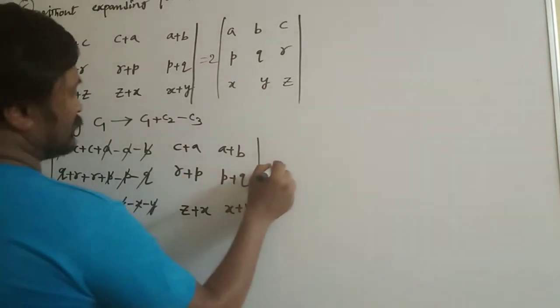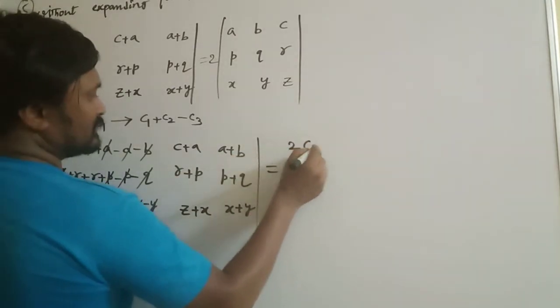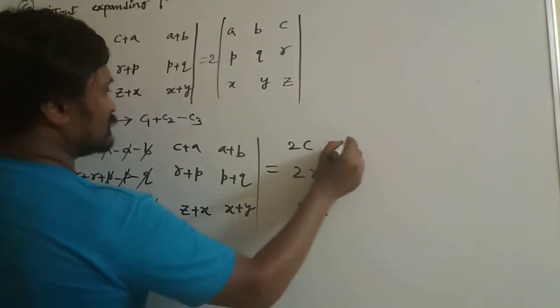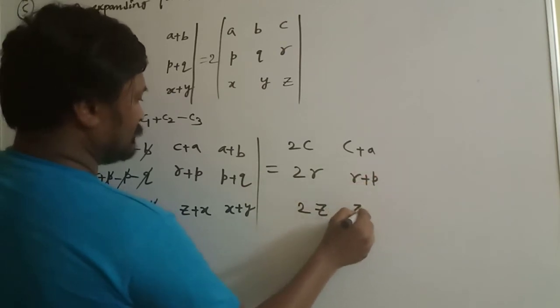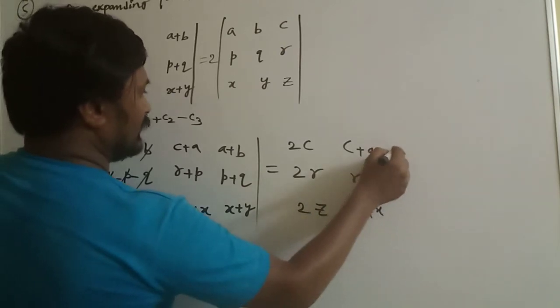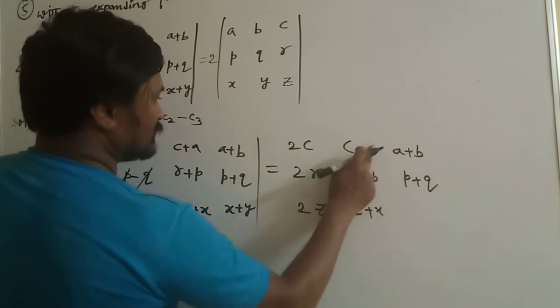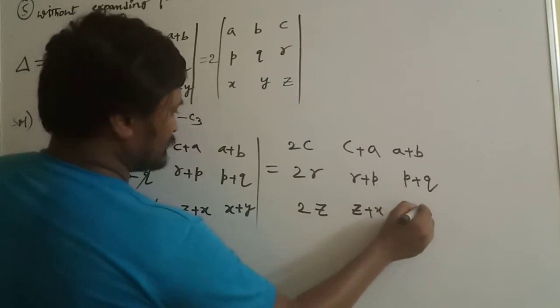What are we going to get now? 2C, 2R, 2Z, then C plus A, R plus P, Z plus X, A plus B, P plus Q, X plus Y.